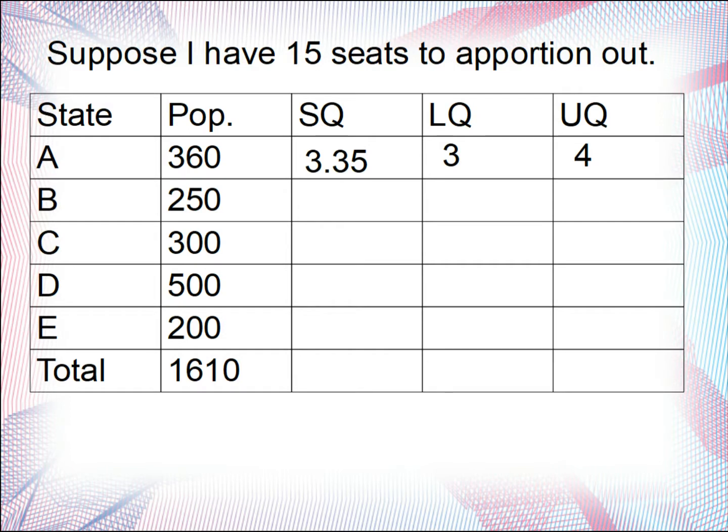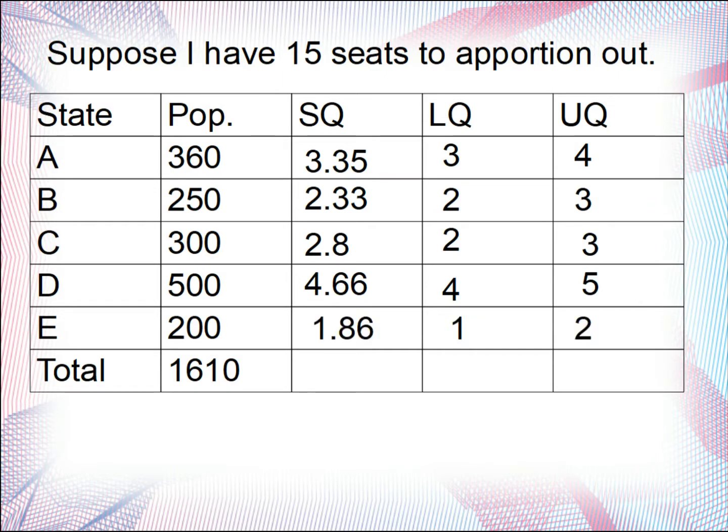Standard quota for state B is 2.33, so the lower quota is 2 and the upper quota is 3. So for state C, standard quota is 2.8, so lower quota is 2, upper quota is 3. For state D, standard quota is 4.66, lower quota is 4, upper quota is 5. And for state E, my standard quota is 1.68, lower quota is 1, upper quota is 2.